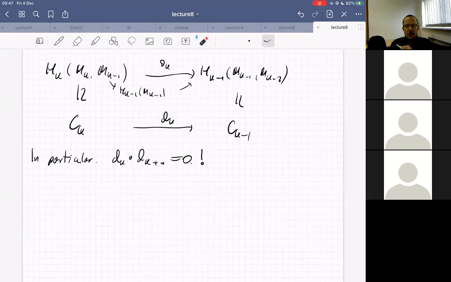Yes. Okay. And do you know how to write the Mayer-Vietoris sequence for more than 2 spaces? Like you cover your space with n open sets instead of 2 open sets, like 5. How can you proceed with the Mayer-Vietoris sequence?